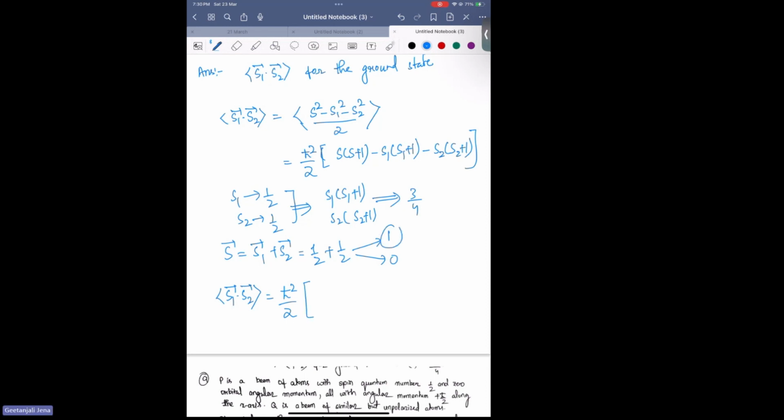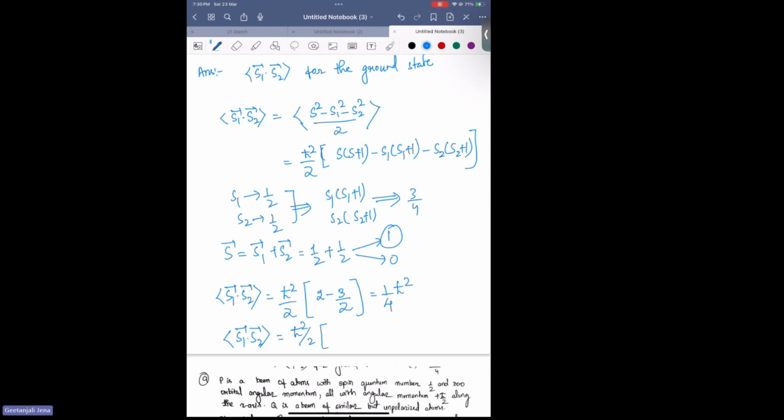Let us take s equal to 1. So you will get 2 minus 3 by 4 minus 3 by 4, that is 1 by 2, so you will get 1 by 4 h cut square. The other one is by taking s equal to 0.